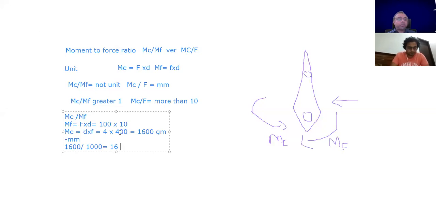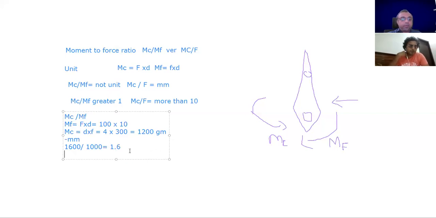Or if we say that the previous value is 300, it means 1200. So 1200 divided by 1000 is 1.2, sorry, 1600 by 1000 is 1.6.